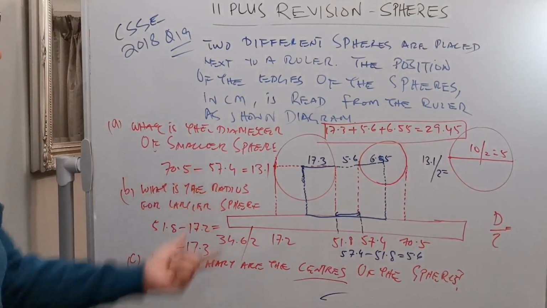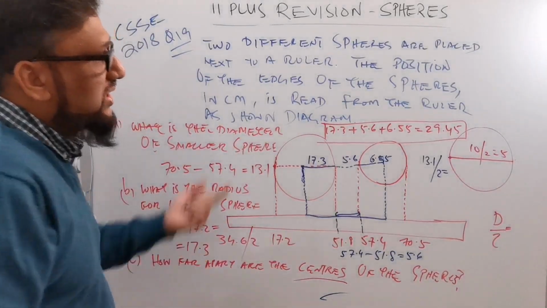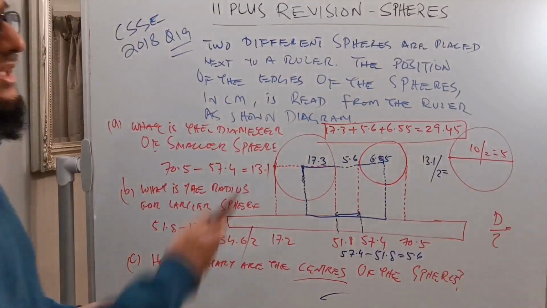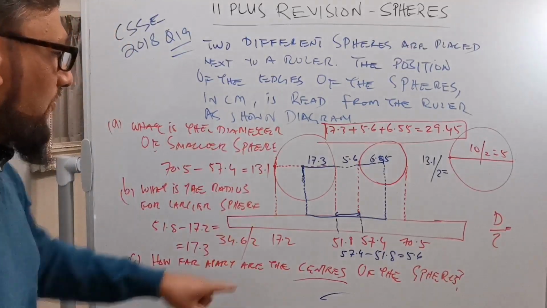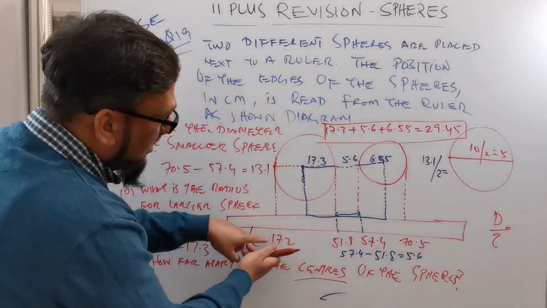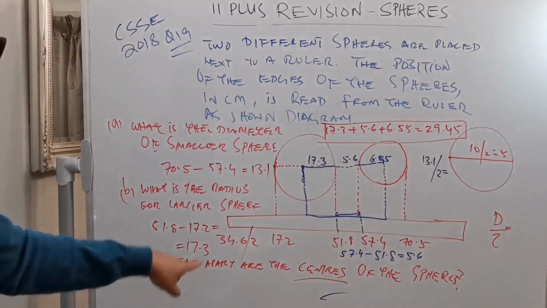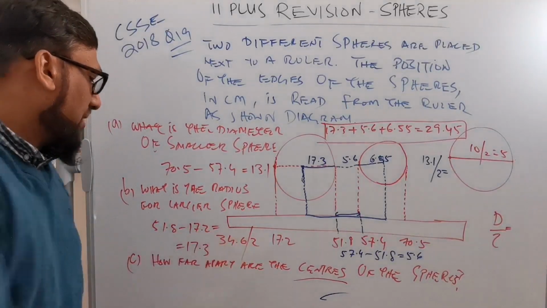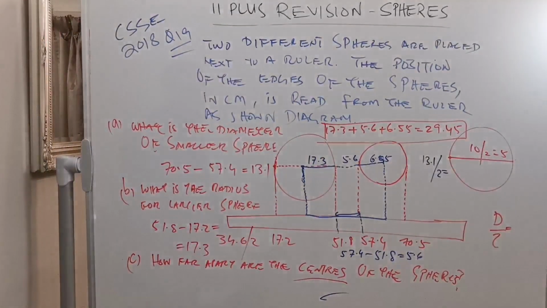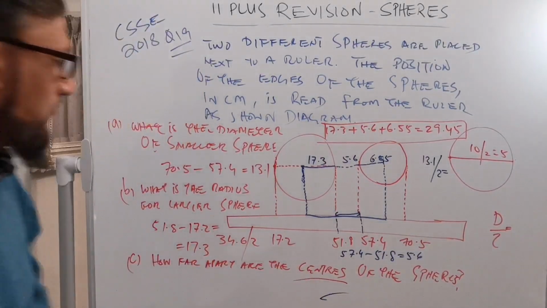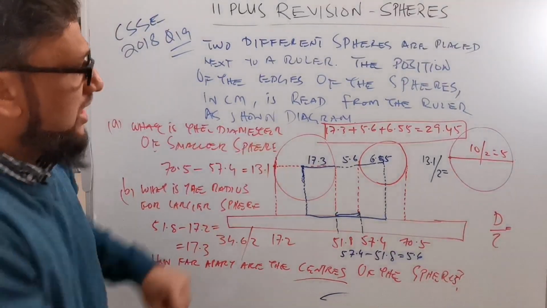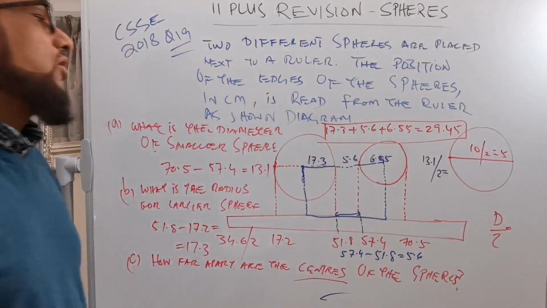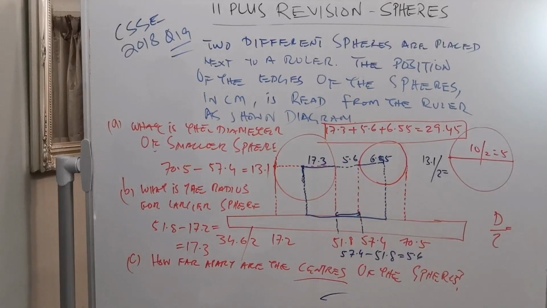For part B, the radius of the larger sphere is half of the diameter. The diameter is 51.8 minus 17.2, which gives 34.6, and dividing by 2 gives the radius 17.3. The last part asks for the distance from the center of the larger sphere to the center of the smaller sphere.